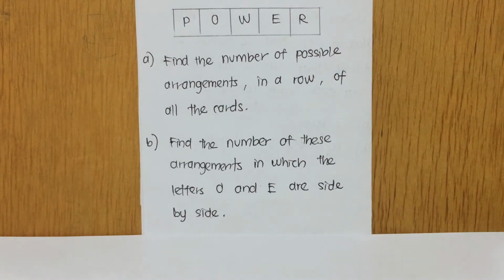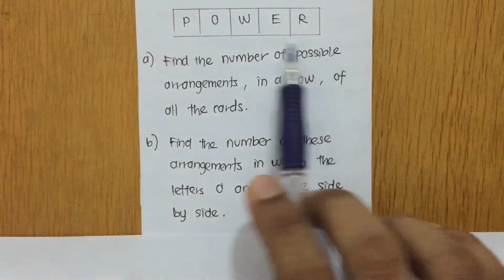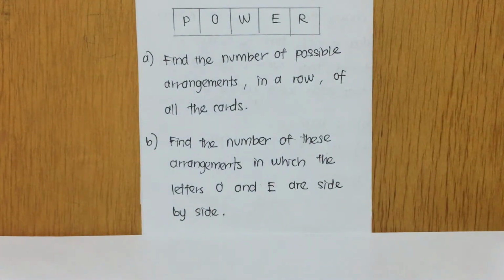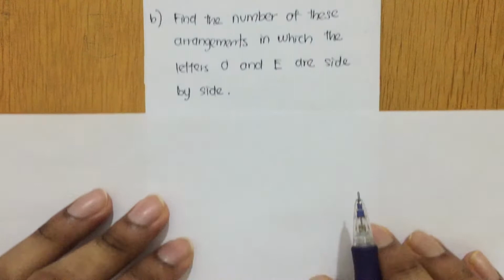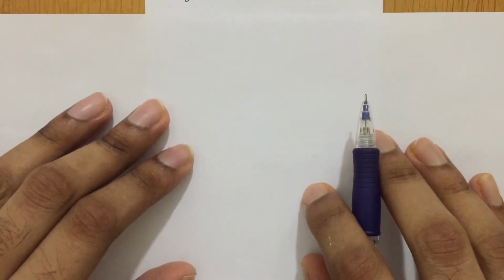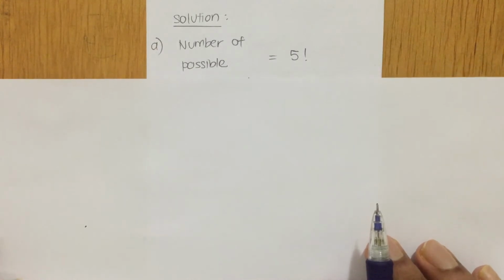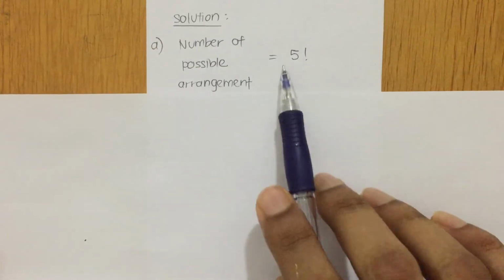Part A asks to find the number of possible arrangements in a row of all the cards. Since part A does not have any restriction, it will be very straightforward for us. So the number of possible arrangements will be equal to 5 factorial.